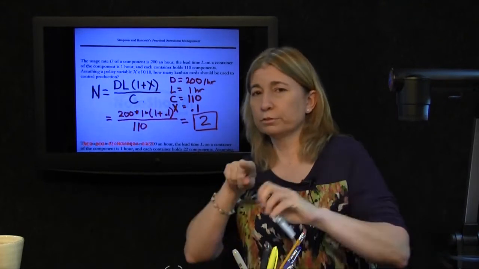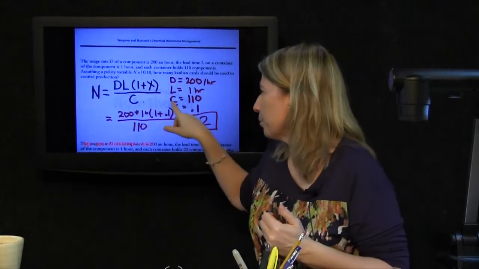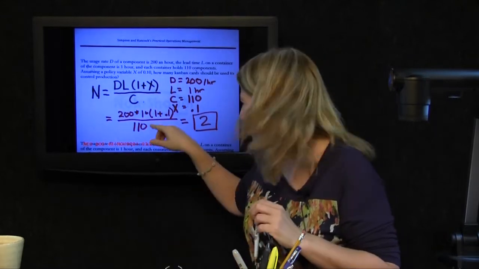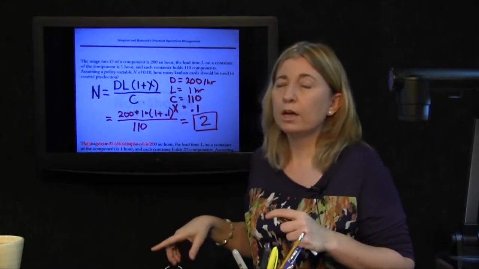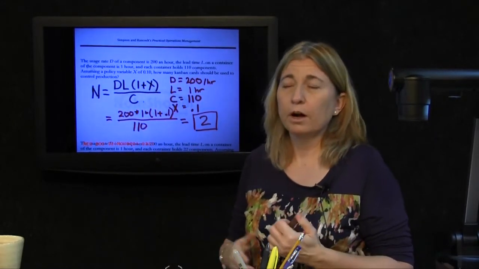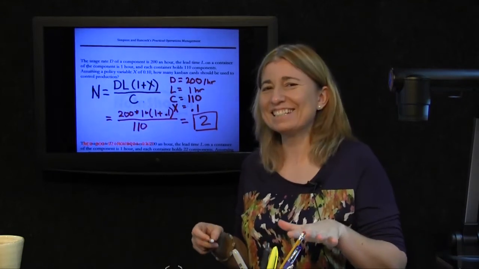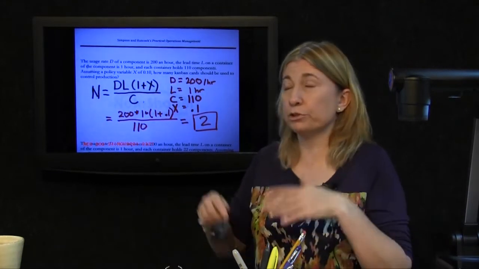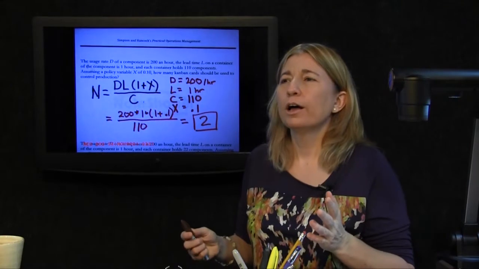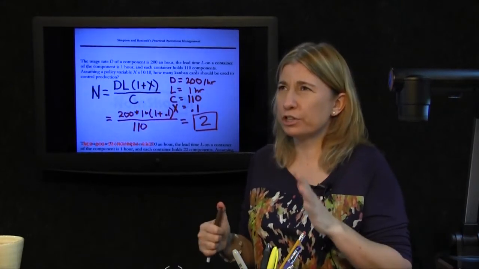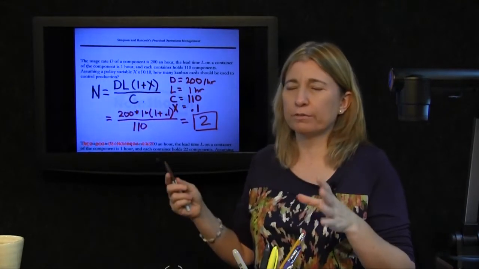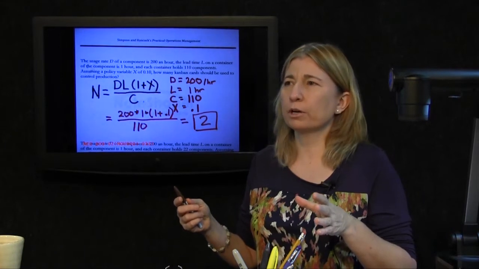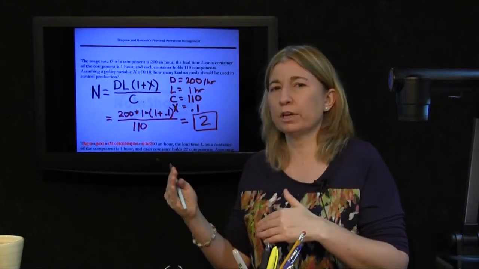Now, little footnote. Just so happens with this particular problem that when we did this arithmetic, it came out to an even number. Suppose that it hadn't, like it had come out to 2.21754. Well, there's no such thing as 2.21754 cards. You're going to recommend either 2 or 3 cards.